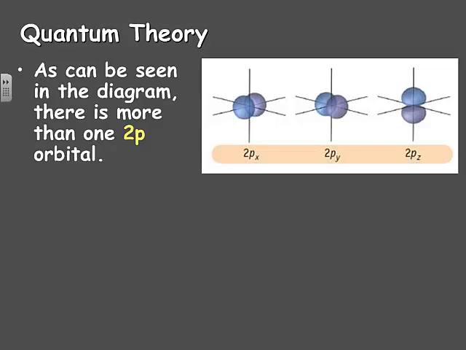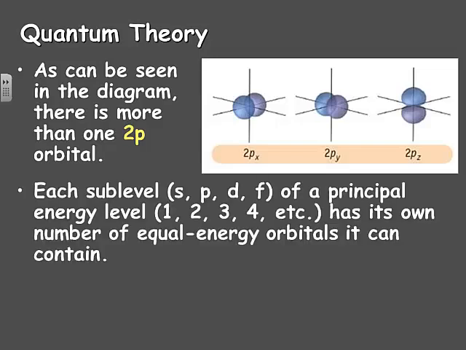So we might call one a 2px because it's lined up along the x-axis, another one the 2py, it's aligned along the y-axis, and of course the 2pz is lined up along the z-axis. So each sublevel, S, P, D, or F of a principal energy level, 1, 2, 3 through 7, etc., has its own number of equal energy orbitals that it can contain.